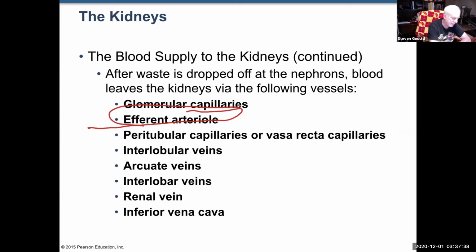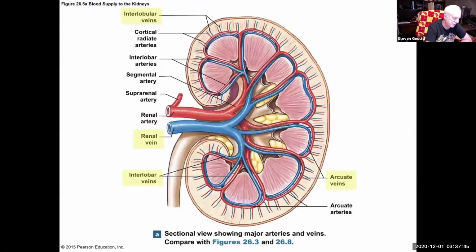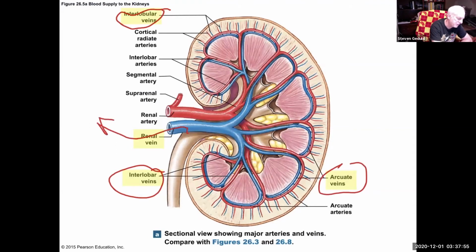The inferior vena cava feeds into the right atrium, back into the heart, to be pumped out again. So these are your interlobar veins, arcuate veins, and they feed into the renal vein, which feeds into your inferior vena cava.